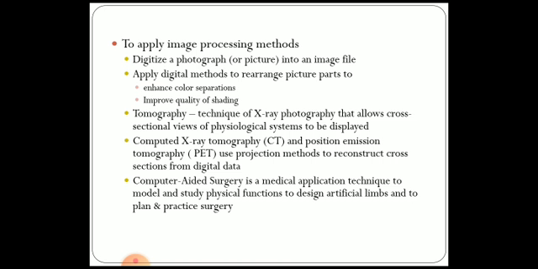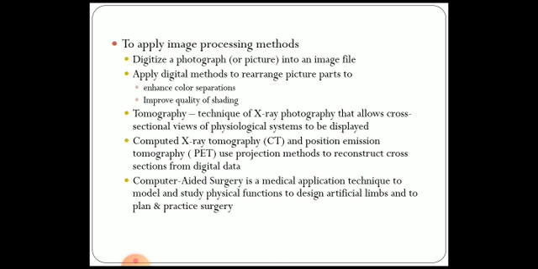It can be used to digitize the photograph into an image file. If you have older photographs with you, you can apply a process and digitize those photographs. Apply digital methods to rearrange pictures, parts to enhance color separations, improve quality of shading.